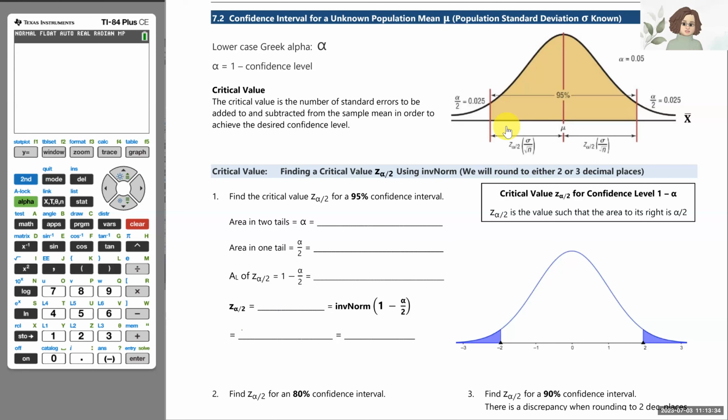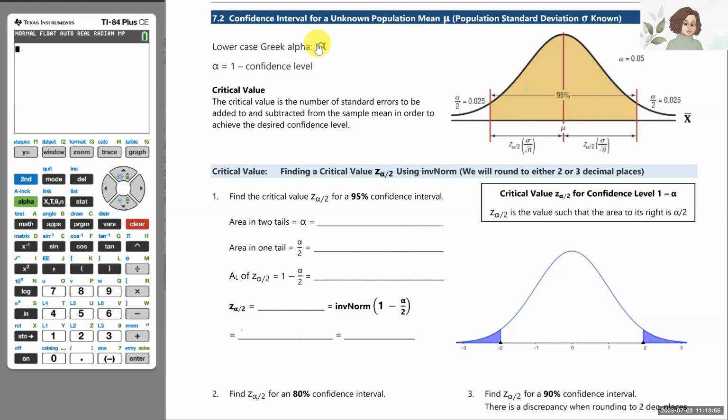So our first step in learning to construct the confidence interval estimate for the unknown population mean will be first to deal with z-scores. So before I get to the z-score here, let me introduce our lowercase Greek alpha. The first letter of the Greek alphabet.